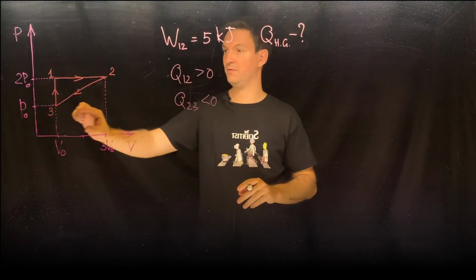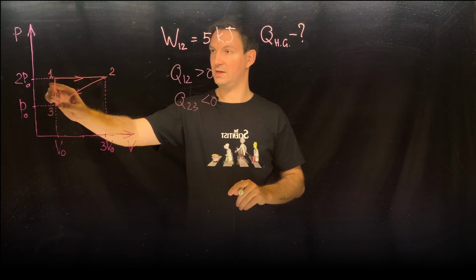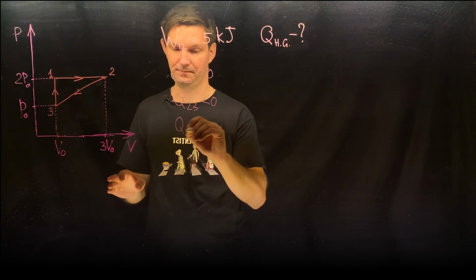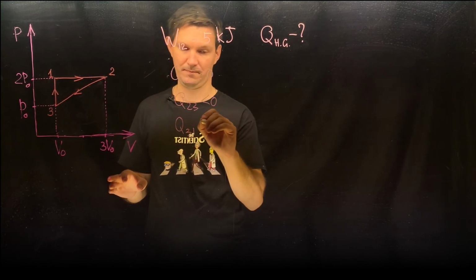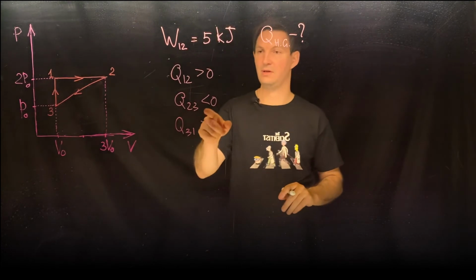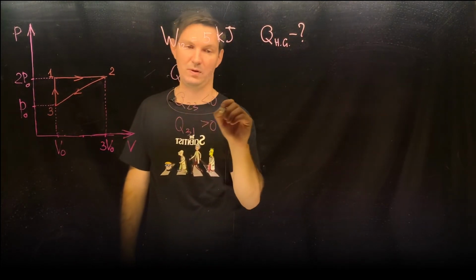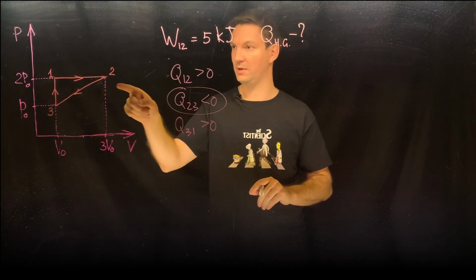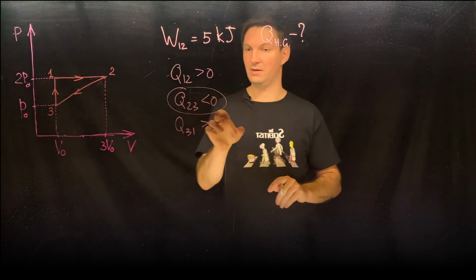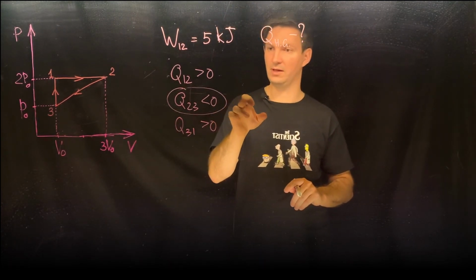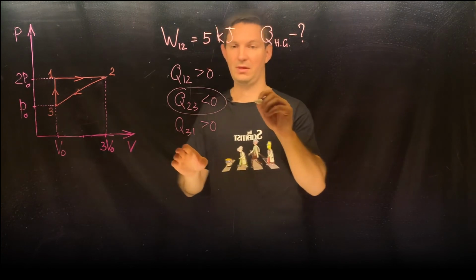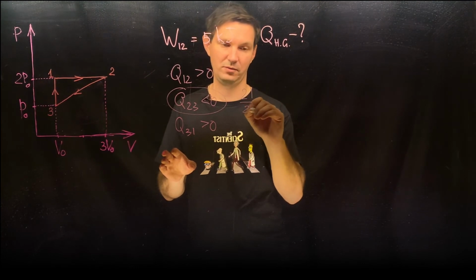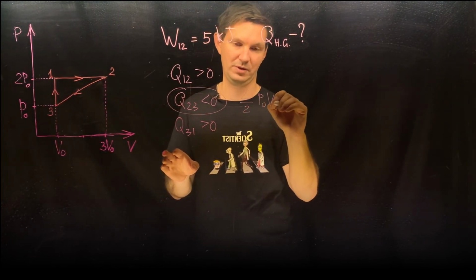And in the transition from state 3 to state 1, the quantity of heat is also positive. It means that the quantity of heat in the transition from state 2 to state 3 is the answer of the task. And as we remember, it is 21/2 P0 V0.